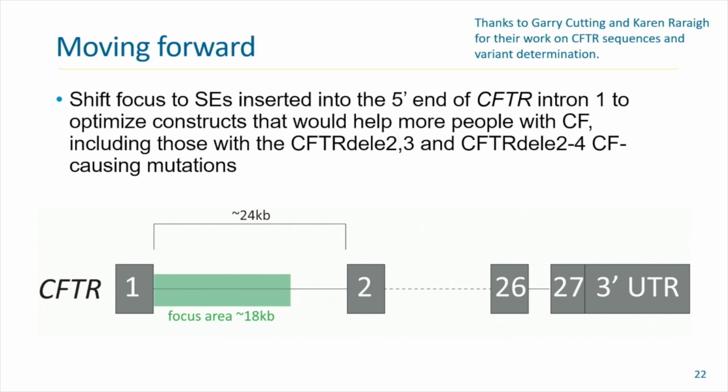And I want to thank Gary Cutting and his team for their work on CFTR sequences and variant determination, which allows us to really precisely understand where these mutations are occurring in people with CF. Now, even though they're called del2-3 and del2-4, both of these mutations actually include deletions that include about 6 kb of intron 1. So if we focused on the first 18-ish kb of CFTR intron 1, a superexon could benefit people with these mutations as well.